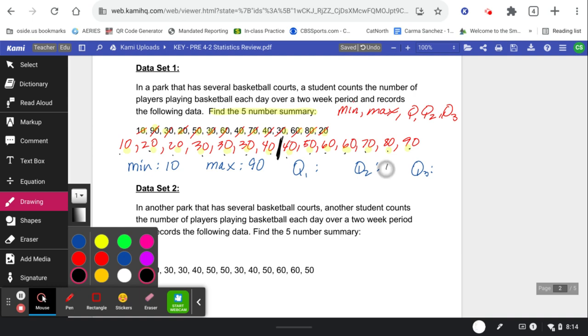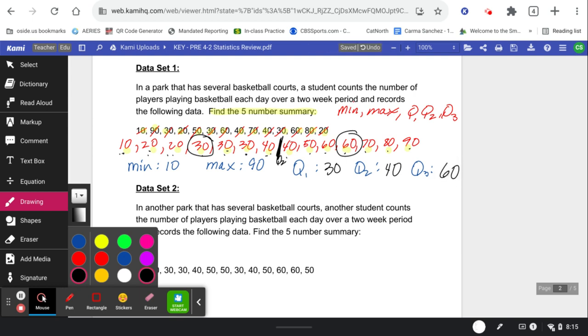Well, it's the same number, so my Q2 is just 40. Now I look at the first half of the data, and I find the middle of that. So I've got 7 things over here. Because it's an odd first half, it lands straight on one of the values. So my Q1 is 30. And then finally, my Q3, the second half of the data, I go to the true middle. Do you see how there's 7 pieces of data, so my middle would be 60?